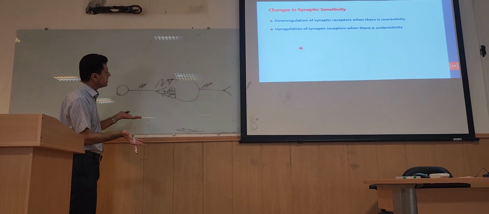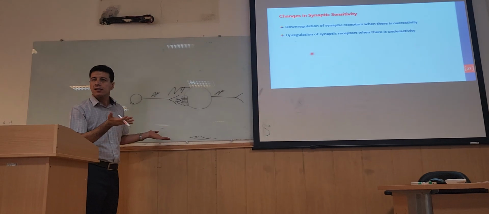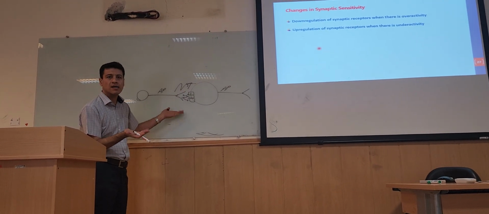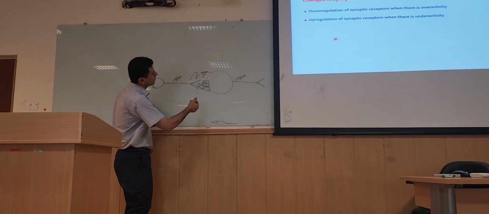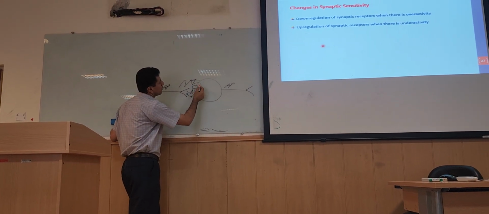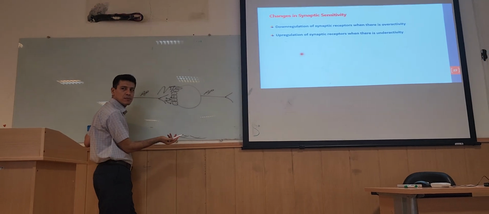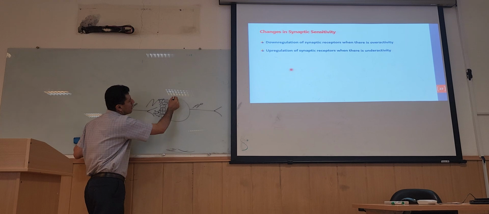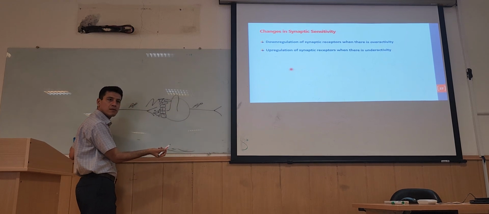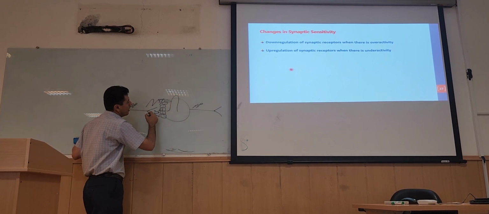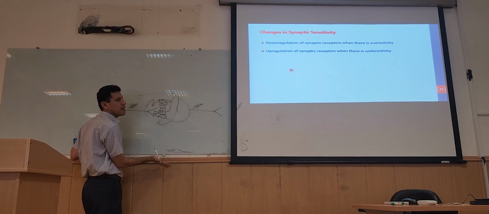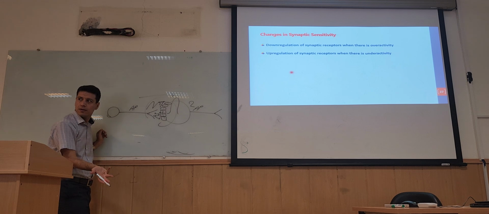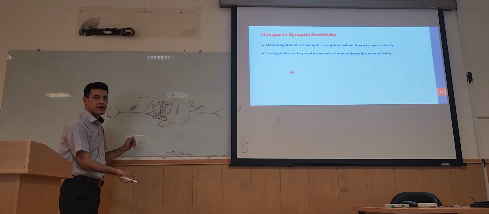Now, imagine that in some specific state or condition, we need to increase the action of this synapse. Then the synapse can increase the number of receptors. So a higher EPSP is made, and the transmission of the signal from this synapse increases. One action potential generates two action potentials. So we call this upregulation.